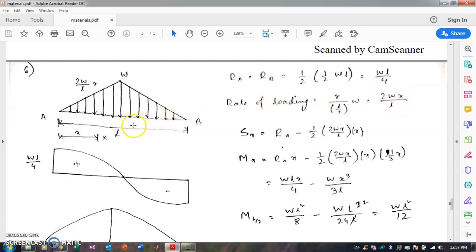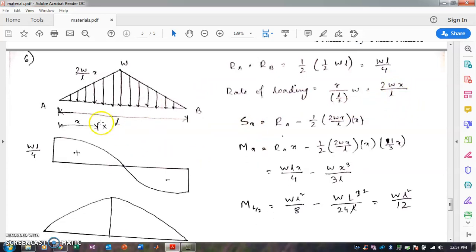You can also calculate the value using the unitary method, since W is reached at a distance L by 2. So what will be the weight at point x? It will come as 2Wx by L. Now what will be the shear force at point x? Shear force at point x will be Ra minus the load, so the load of this triangle up to point x.